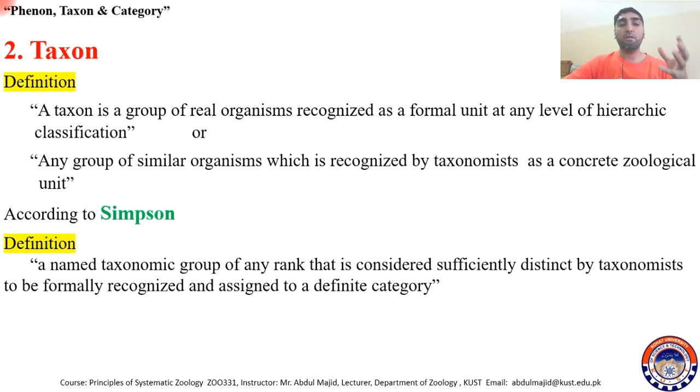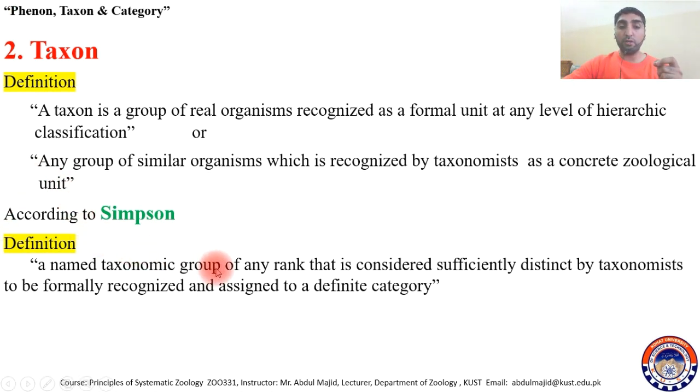Like a taxon is a group of real organisms, for example Mammalia. We know what mammals are. Mammals have mammary glands and they have hair on their bodies. So all those animals which have mammary glands, where they feed their young ones with milk, and which have hair on their bodies, are actually mammals.